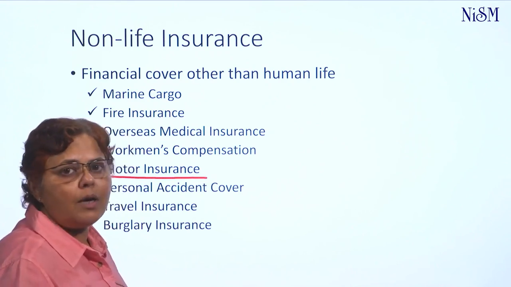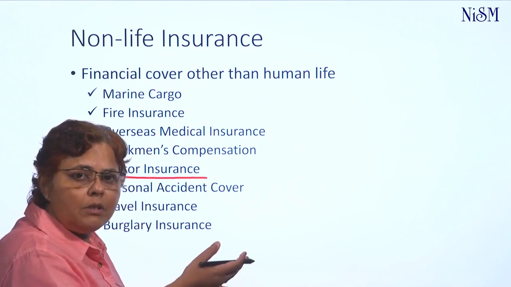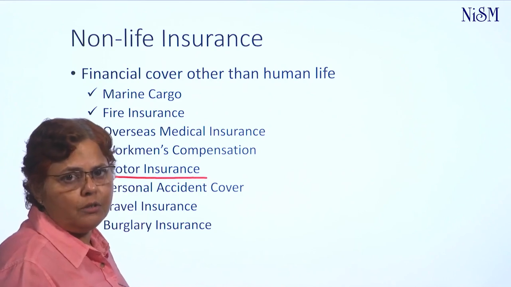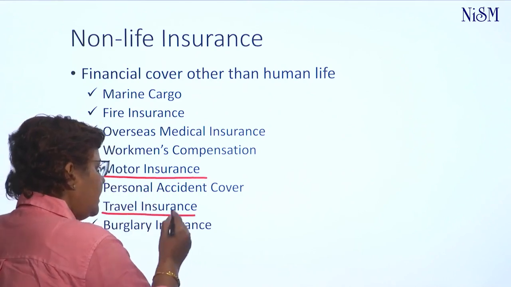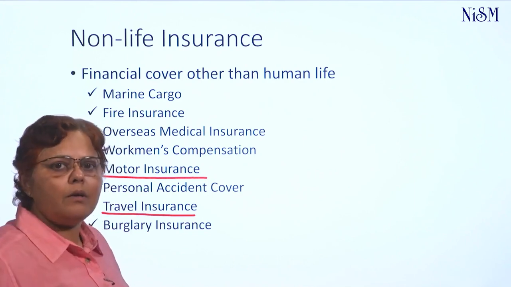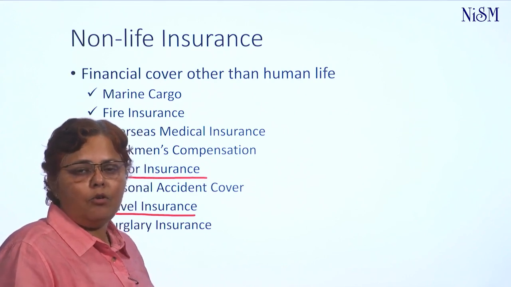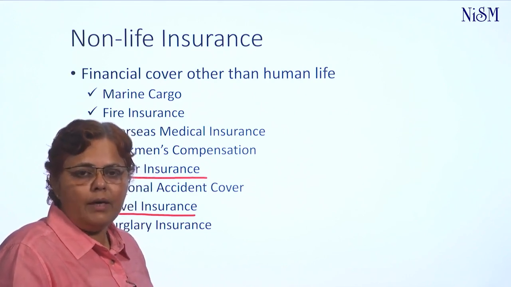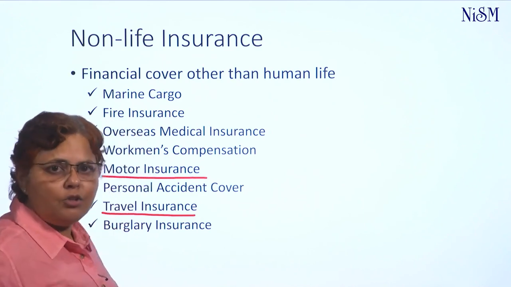That means, suppose your car hits a person, the cost of that person's expenses has to be insured. So, that is a mandatory thing. Travel insurance is also advisable, because if you are traveling abroad and you lose your bag or you fall sick, it is better that you have travel insurance done properly.